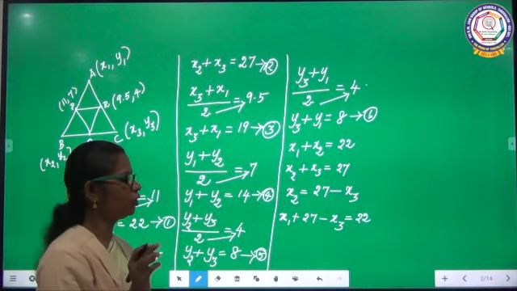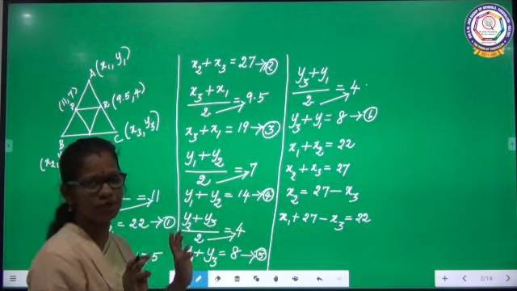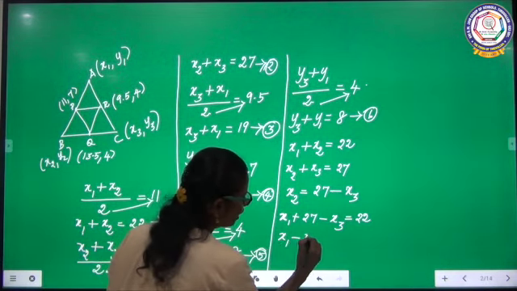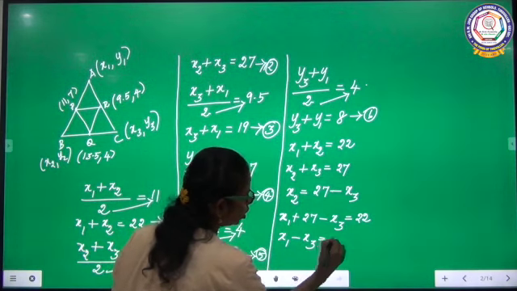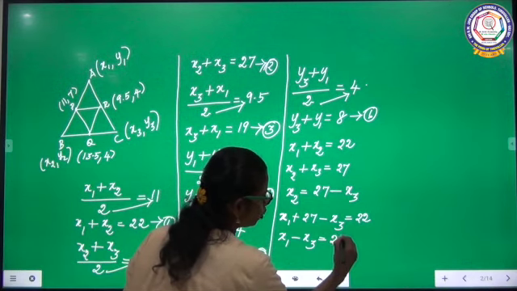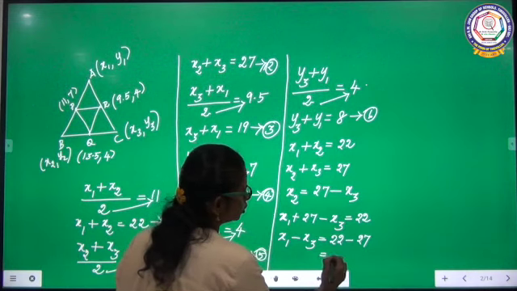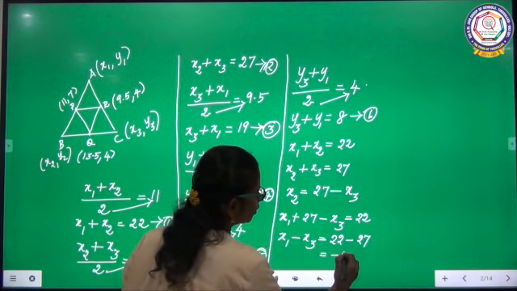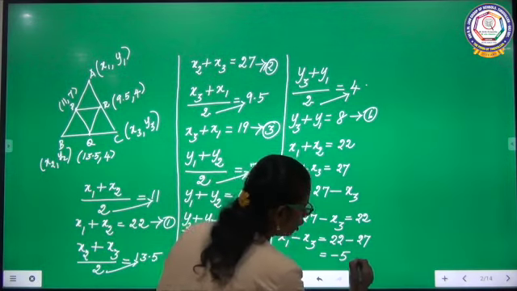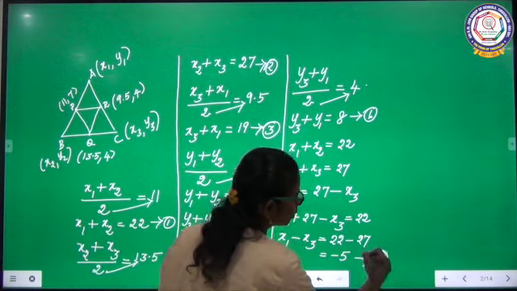Positive becomes negative. Then the x2 I substitute in the first equation. That's all. Now x1 minus x3 equal to, the plus 27 will move to that side. What you will get? 22 minus 27, which is equal to minus 5. Equation number, we stopped up to 6.